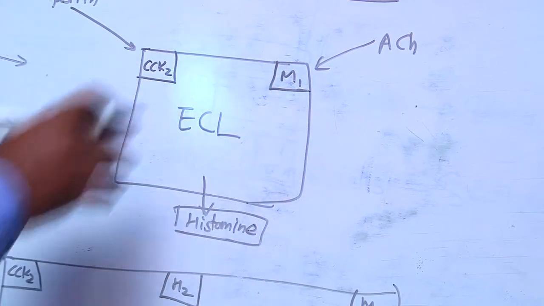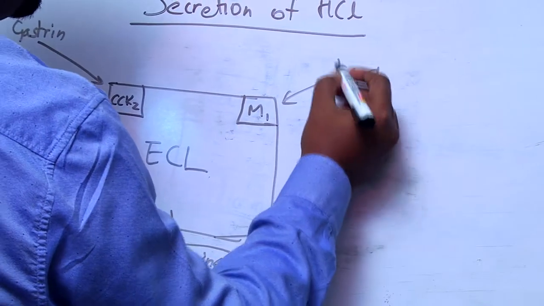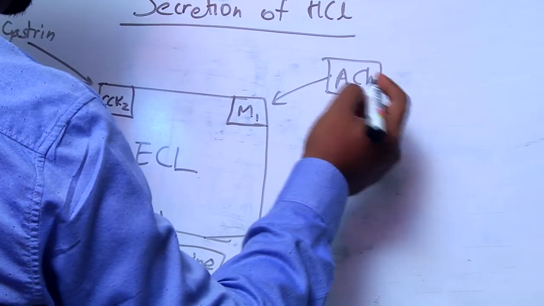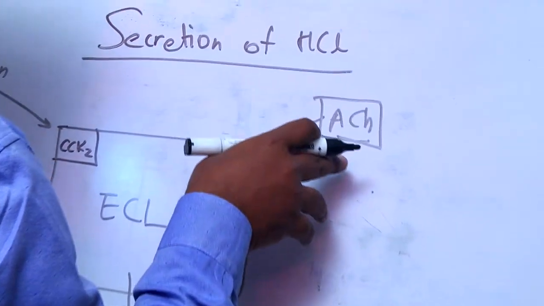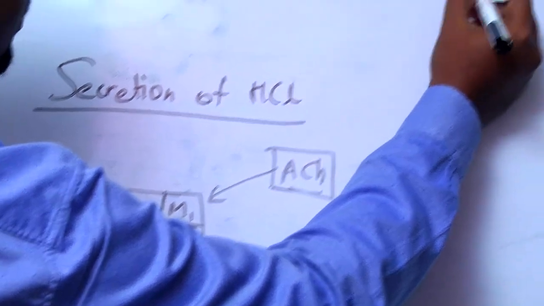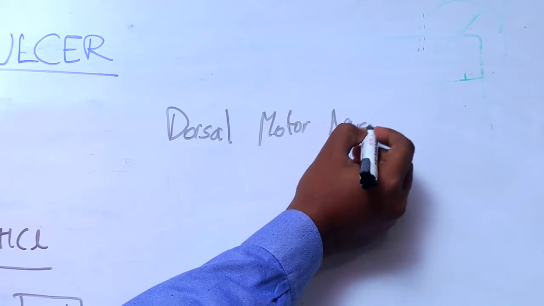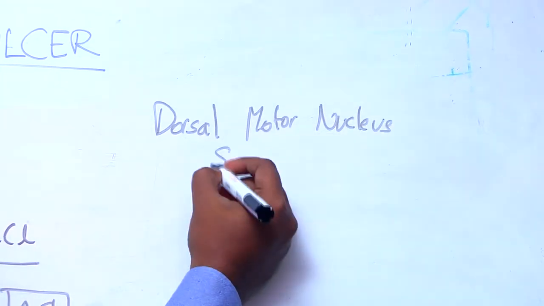So where does this acetylcholine come from? Now we have to understand the secretion of HCl in accordance with the acetylcholine. This acetylcholine comes from your dorsal motor nucleus stimulation.